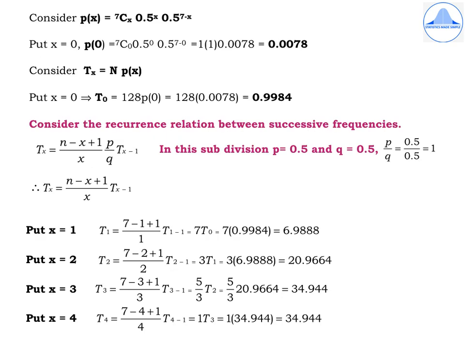Start with the PMF. Consider p of x equal to 7cx 0.5 to the power x, 0.5 to the power 7 minus x. Now put x equal to 0.